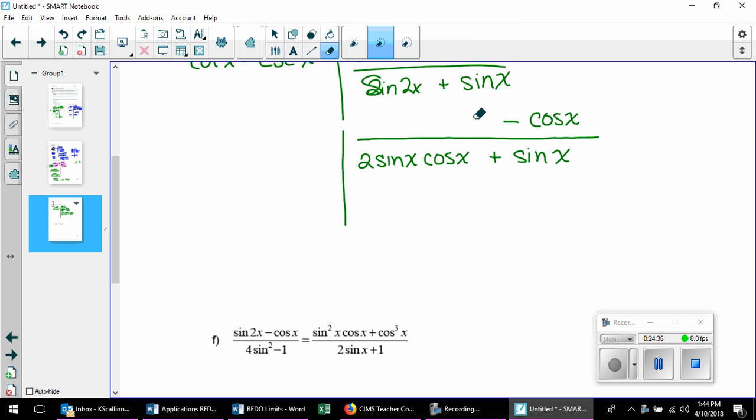So maybe let's get rid of this. Let's try a different one. Try the cosine. Ooh, let's try the sine. 1 minus 2 sine squared x minus cos x.